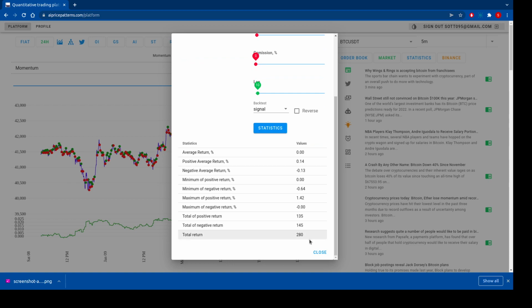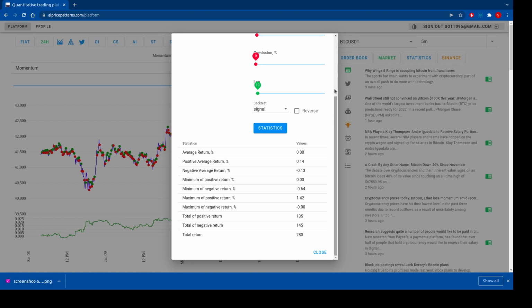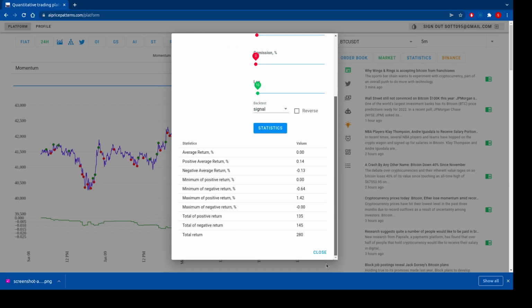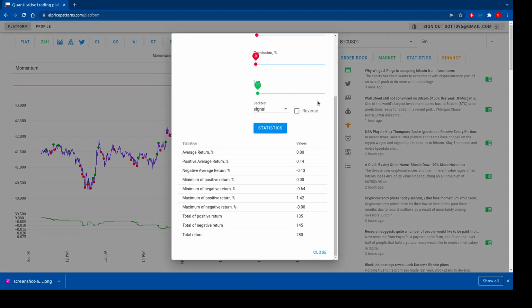Okay, but we have fewer positive returns. Okay, let's see another. For example, 4. What about 4 sequences? Okay, we have some dependency. But we need to reverse. We do a reverse. Let's check.